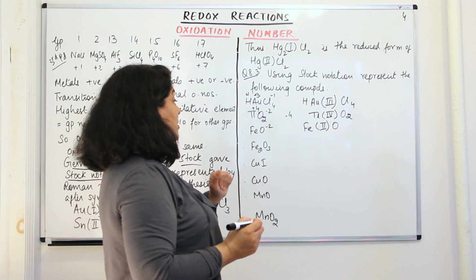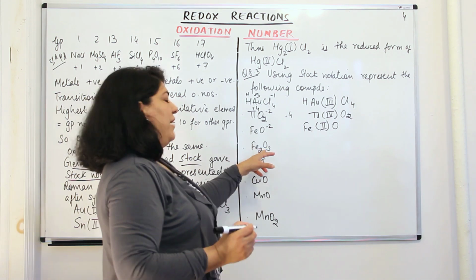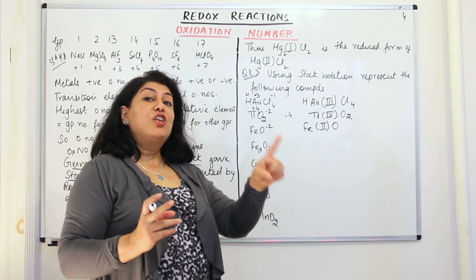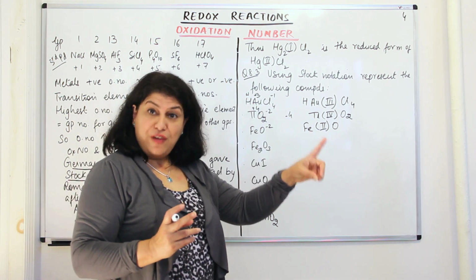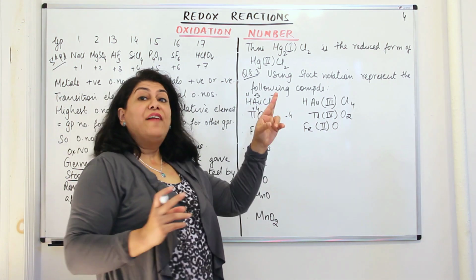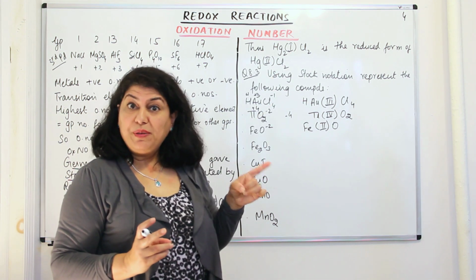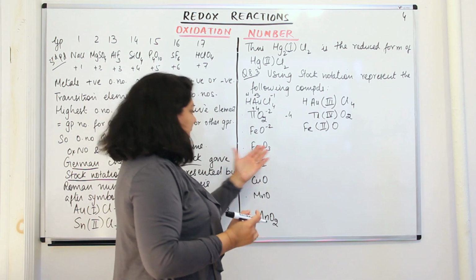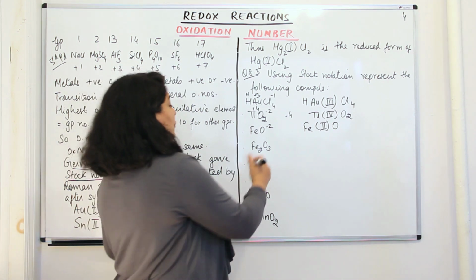Fe2O3, there are 3 oxygens. According to the rule, every oxygen has a charge of -2. Oxygen would only have a charge of -1 in the case of peroxides and -1/2 in the case of superoxides. You remember that? But this is neither a peroxide nor a superoxide. It is ferric oxide. So what would the charge be?